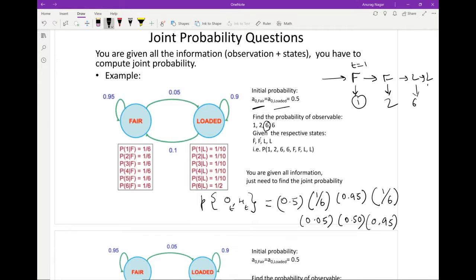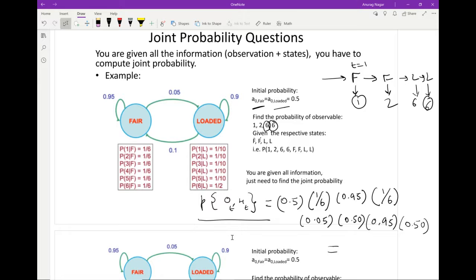And then in the loaded state I output 6. That will be 50%. So this is my likely observation of these states and the observable. So you can ask, what is the joint probability of these observables and these states?